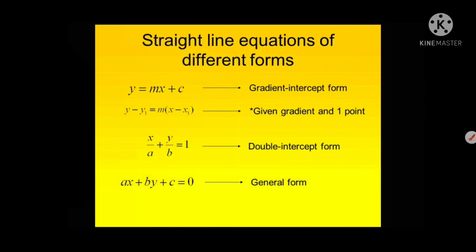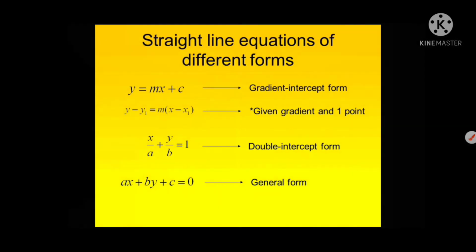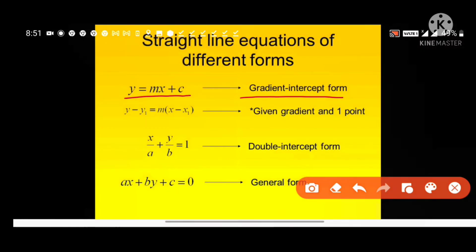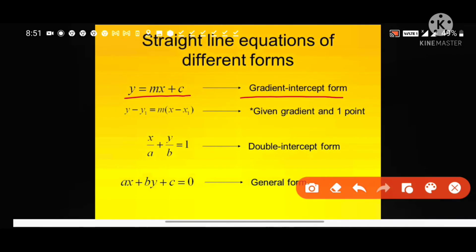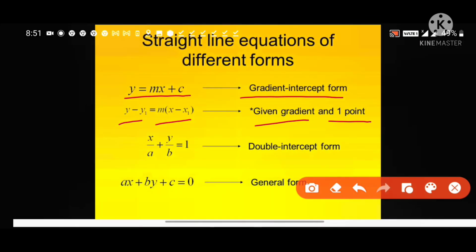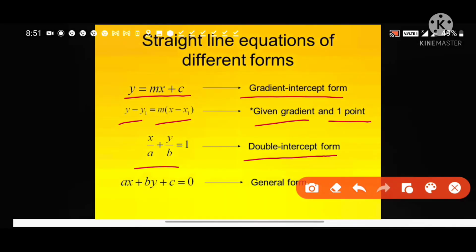Now we will solve some examples related to different types of straight lines. Slope intercept form is also called gradient intercept form because slope is also known as gradient. Next, gradient and 1 point form, or slope 1 point form: y minus y1 is equal to m times x minus x1. This is the intercept form or double intercept form. If both intercepts are given, x by a plus y by b is equal to 1.